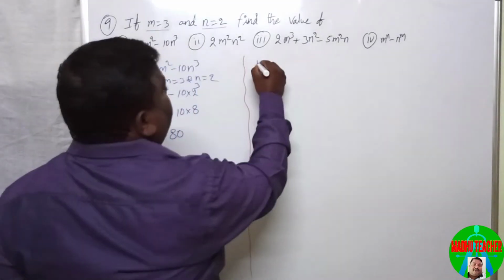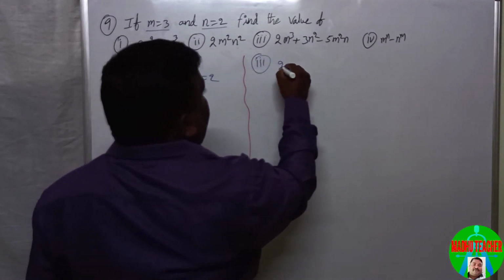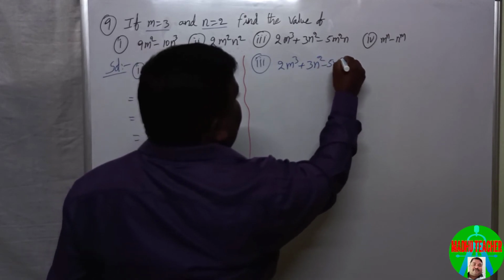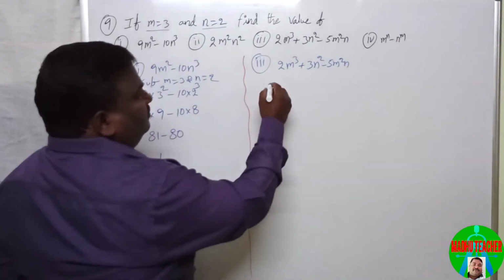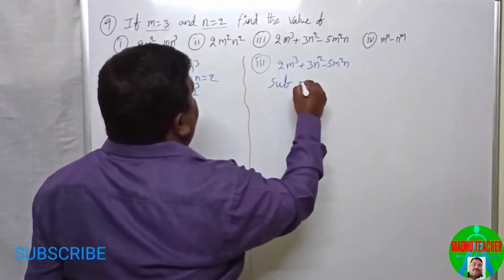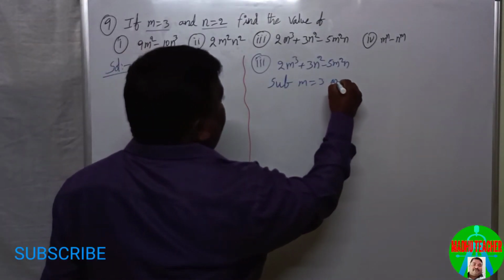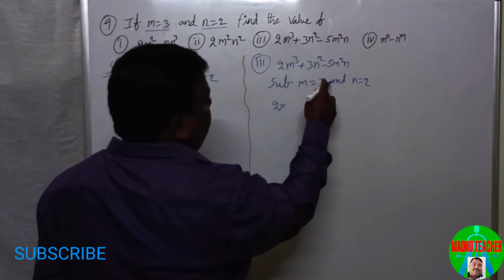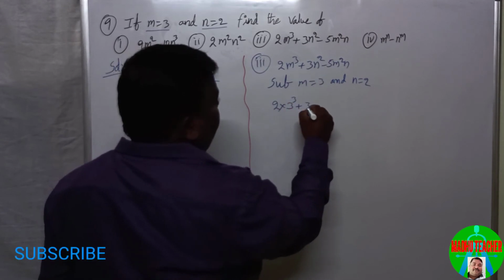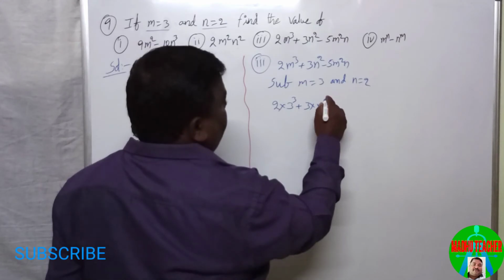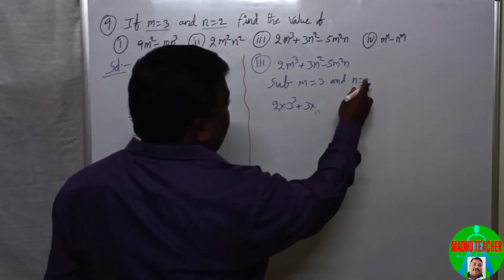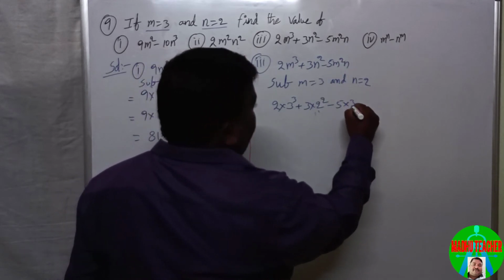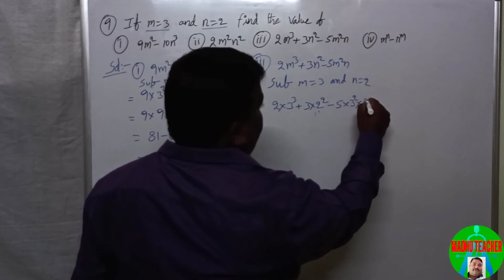Next, third one is 2m to the power of 3 plus 3n square minus 5m square n. Here substitute m equal to 3 and n equal to 2. So that is 2 into m cube, 3 to the power of 3, plus 3 into n square, n is 2, 2 to the power of 2, minus 5 into m square, 3 to the power of 2, into n is 2.